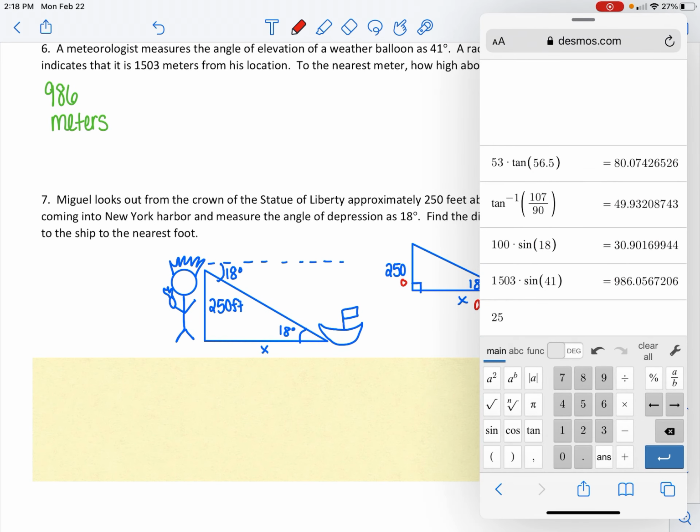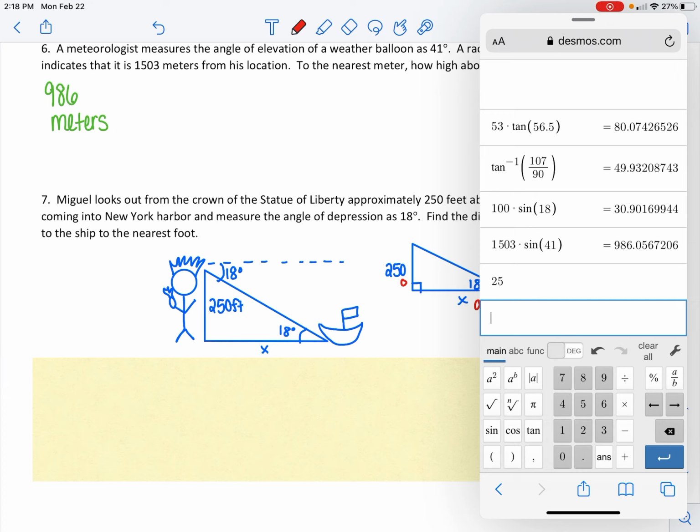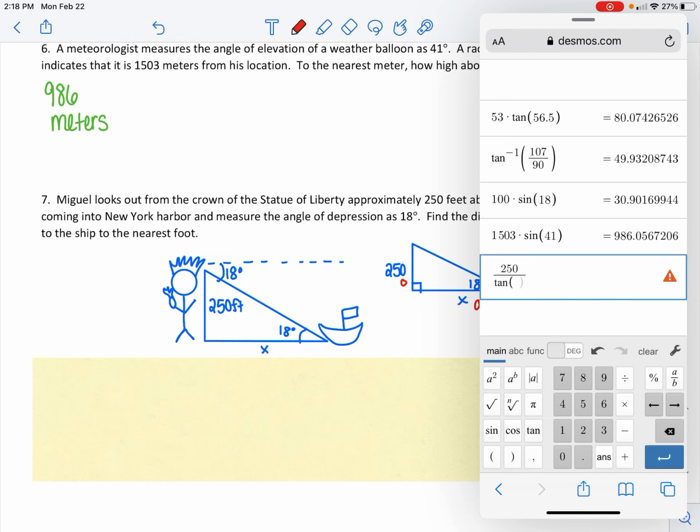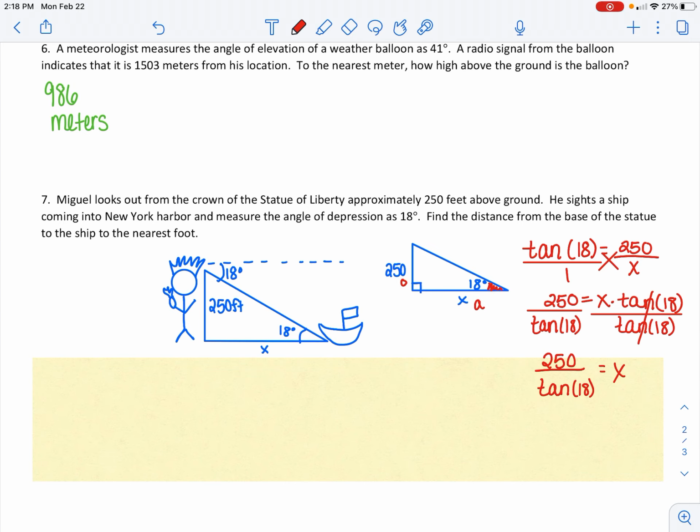So we get 250 divided by the tangent of 18. And that's going to give me 769.4. Okay, my directions say to find the distance from the base of the statue to the ship to the nearest foot.